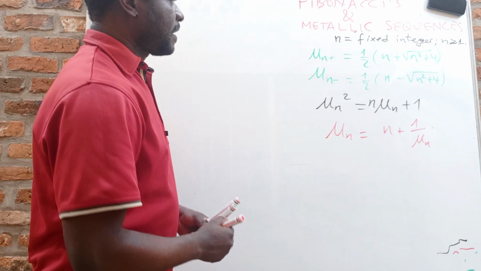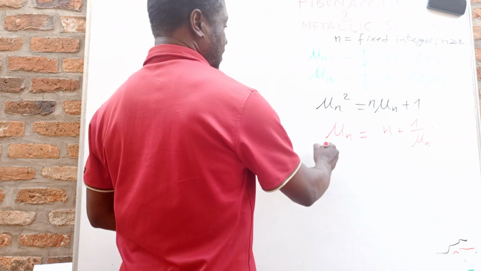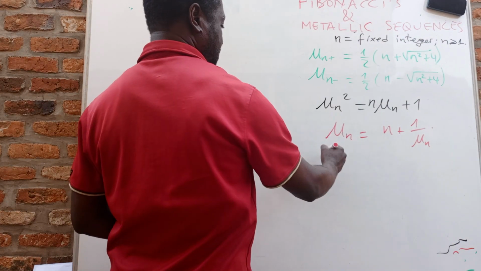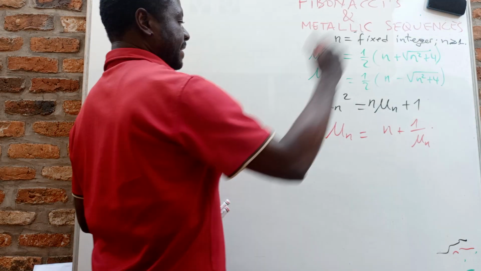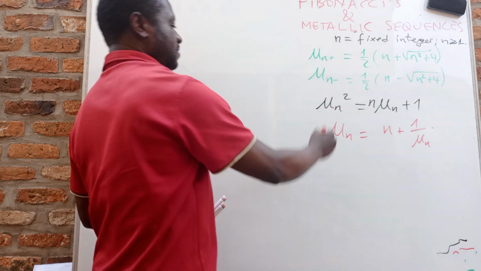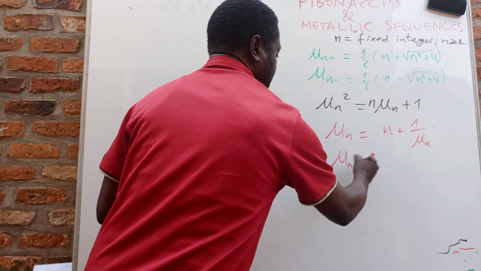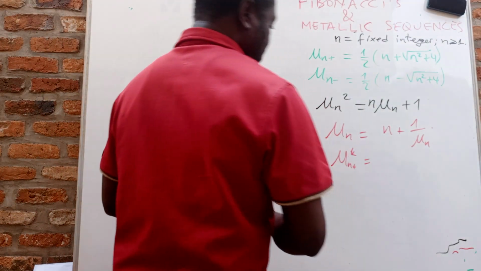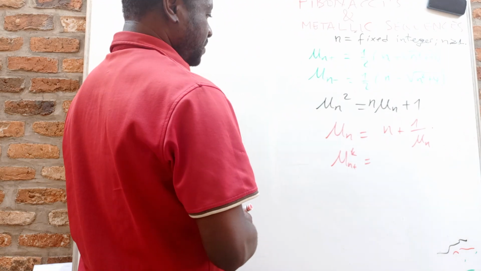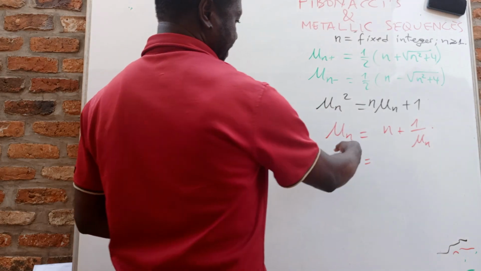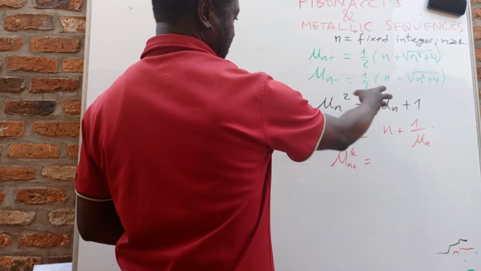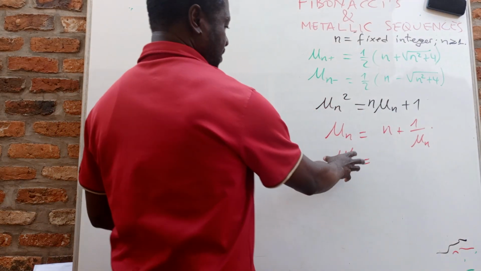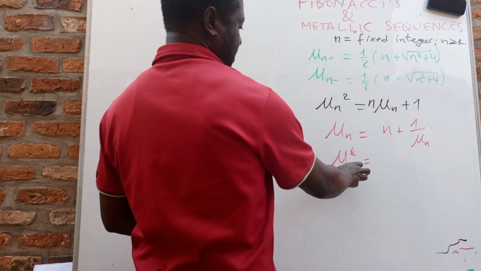Another interesting property that we have proved is that if we multiply, for example, the first one by power k minus 2 on both sides, we get mu n positive power k.